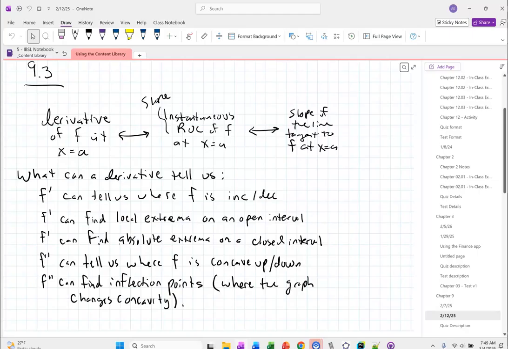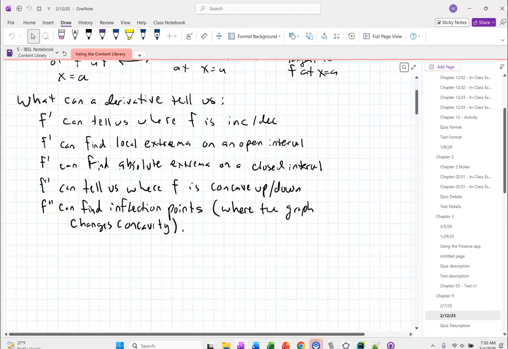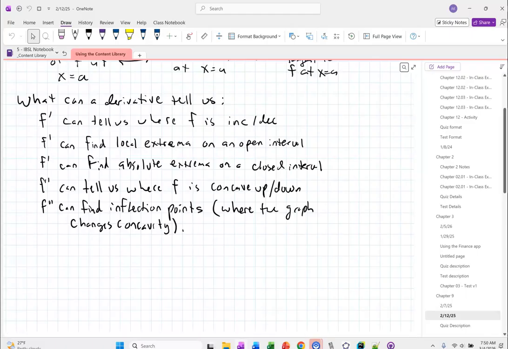And then we can find the points where the function f transitions between concave up and concave down. Those are called the inflection points, by looking at where the second derivative changes from positive to negative. So we packaged this together, and we'll use these ideas further in chapter 10 when we look at these processes more in depth.